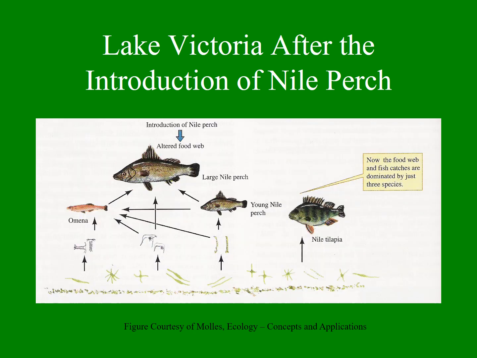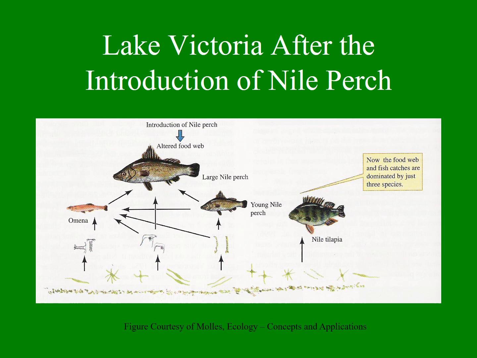The Nile perch was introduced, and it was basically Nile perch. The omena was one of those planktivores in the middle on that last diagram, but pretty much every other one has been driven near extinction, or they're restricted to the low oxygen marshes on the edge of Lake Victoria. The introduced Nile tilapia remains as the benthivore, eating benthic materials. Young Nile perch will feed on plankton and benthic invertebrates.